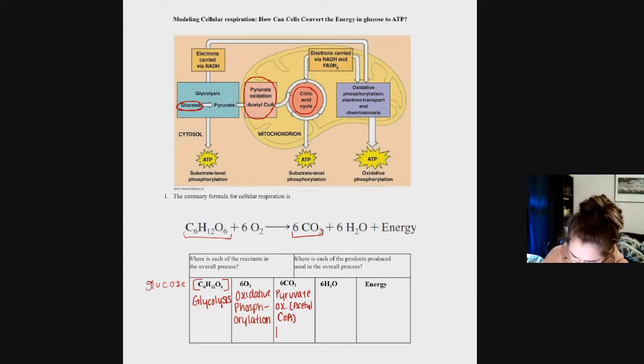Moving on to water for our products, water is found only in oxidative phosphorylation once again.